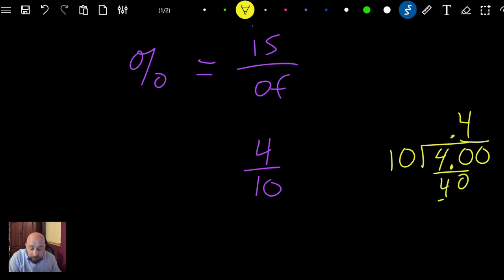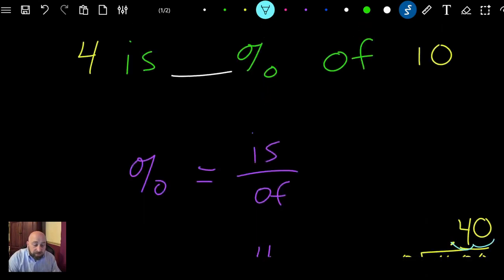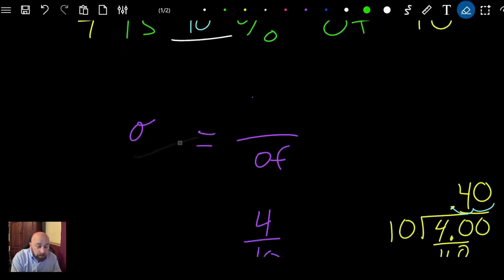And they get 40, 0, 0. I'm going to put another 0 up here. You don't really have to, but you do in a second. Because remember, we're looking for percent, right? So we have to move this decimal 2 places and add our percent sign. So it's going to be 40%. 40%. Okay? And that's what we had before, so the math does work out on that.